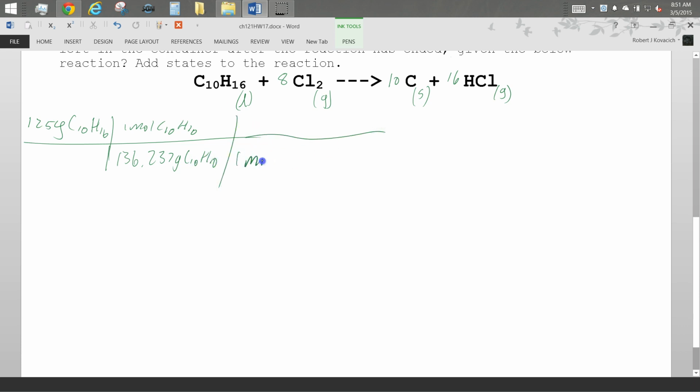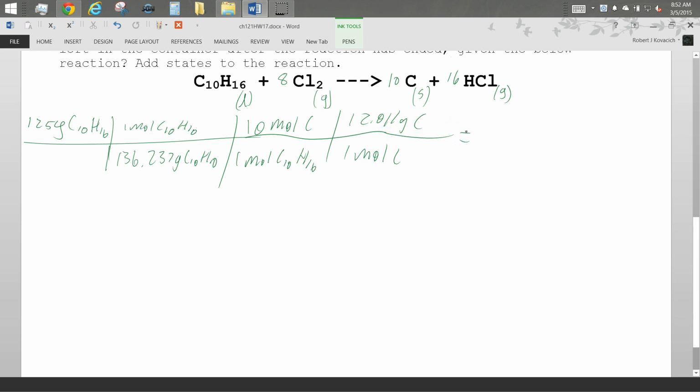And then for every 1 mole of C10H16, what do you want to go to? Yeah, just easier. 10 moles of carbon. And then for every 1 mole of carbon, it's 12.011 grams of carbon.